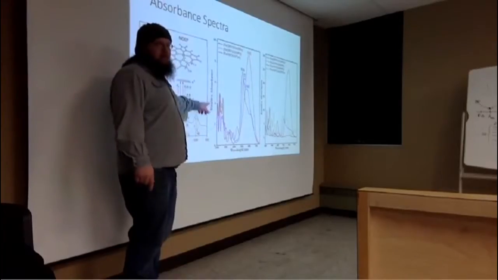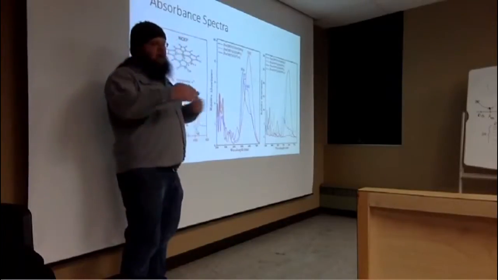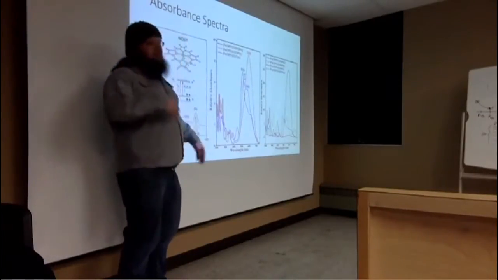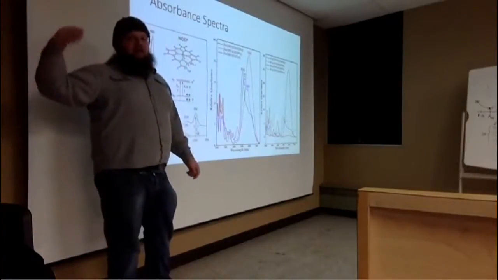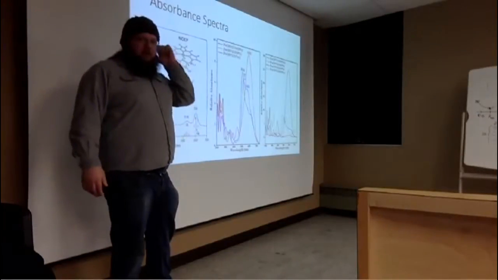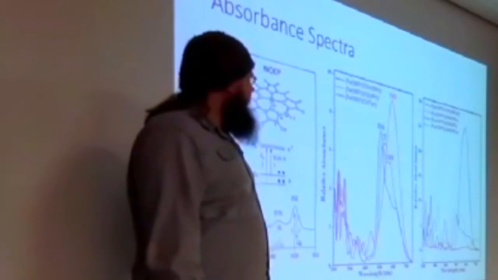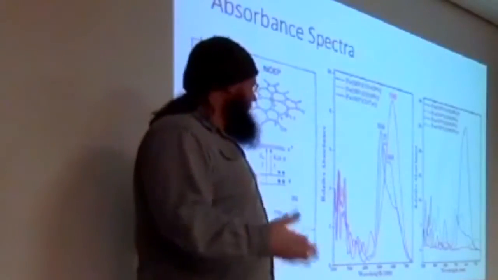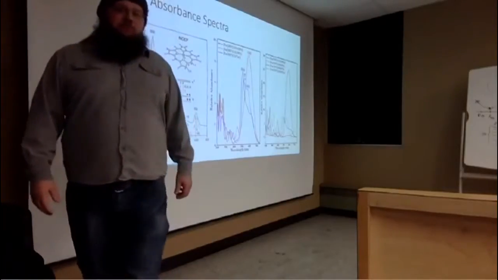At least I haven't come across a paper where they've correlated 552 to, in this case, no ligands, and then 559 meaning that there's a histidine there. It doesn't seem to have that sort of correlation. So I'm not sure exactly why it would be shifting. Good.